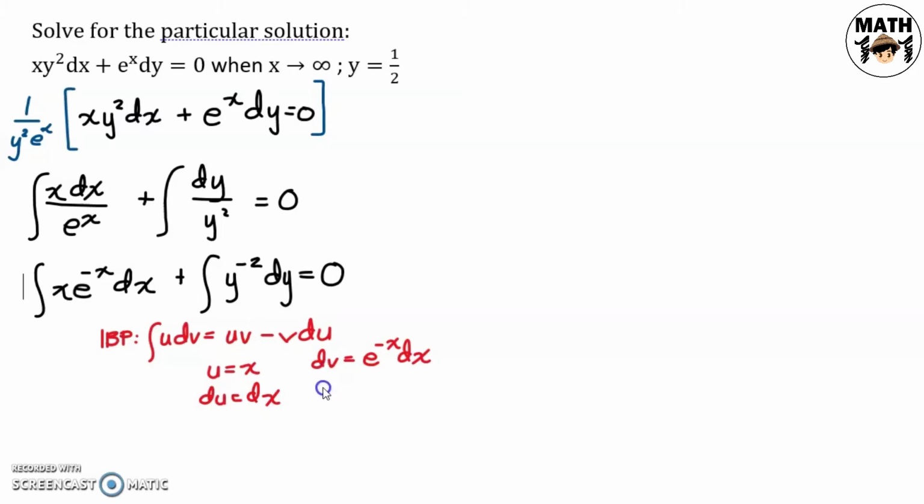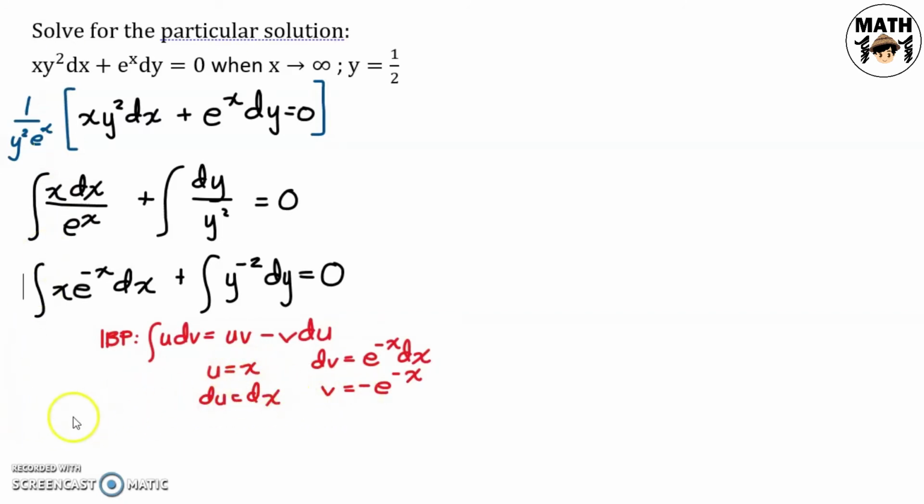The integral of dv is v. So, integral nung right side is negative e raised to negative x. Therefore, the integral of x e raised to negative x dx is the product of this, so uv minus the integral of v du. Sulat natin.